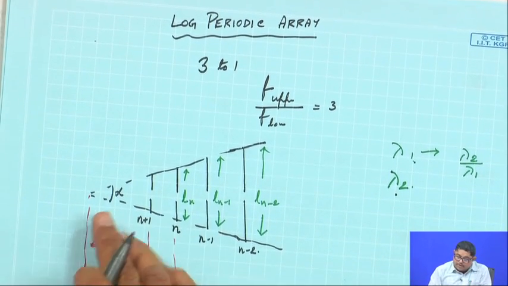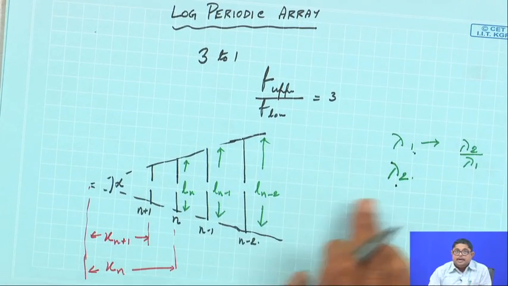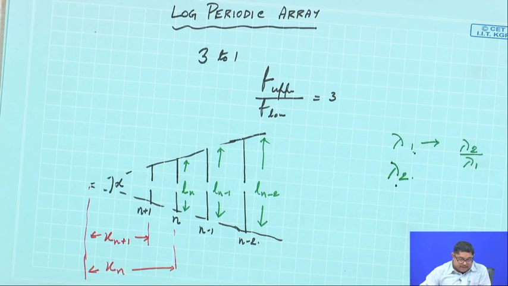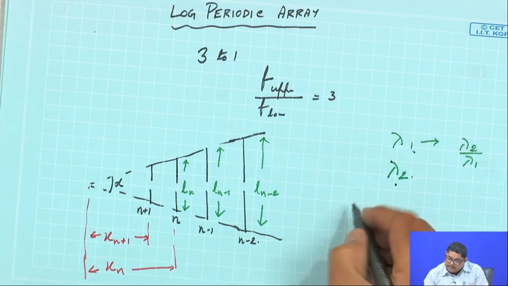Now, you see a continuous infinite array of dipoles. Now, what are the parameters of the dipole?